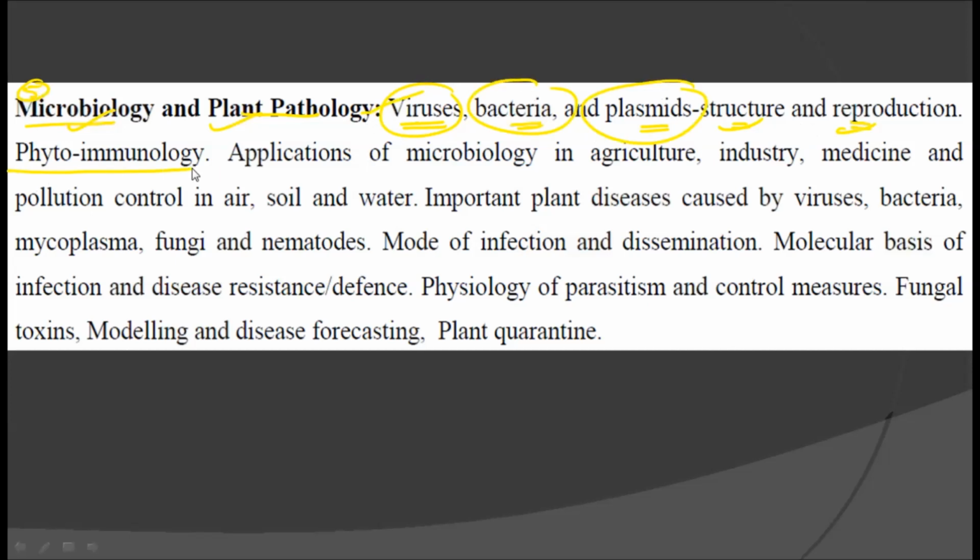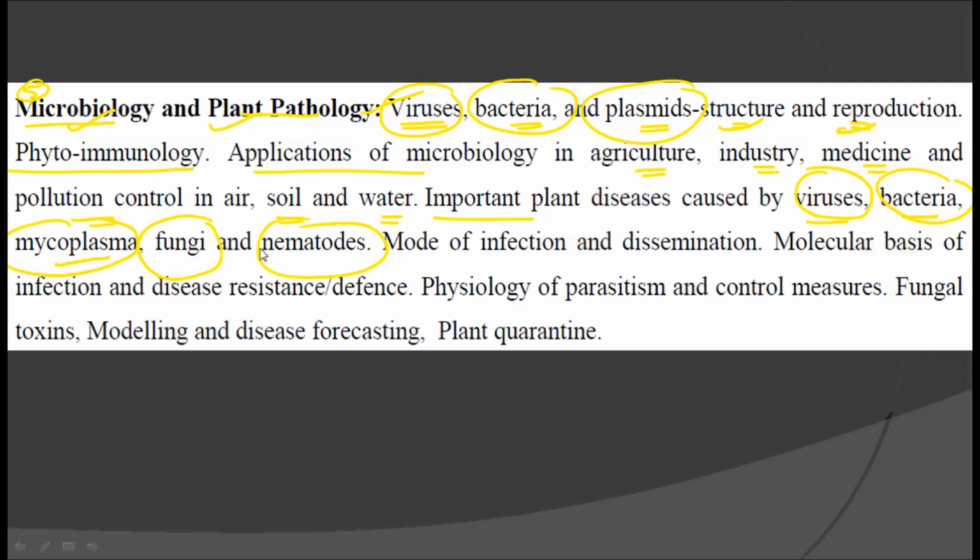After that, you have to study phytoimmunology, then application of microbiology in agriculture, industry, medicine, and pollution control in air, soil, and water. Then we have to focus on important plant diseases caused by viruses, bacteria, and mycoplasma. That is all the important diseases caused to plants by viruses, bacteria, and mycoplasma.